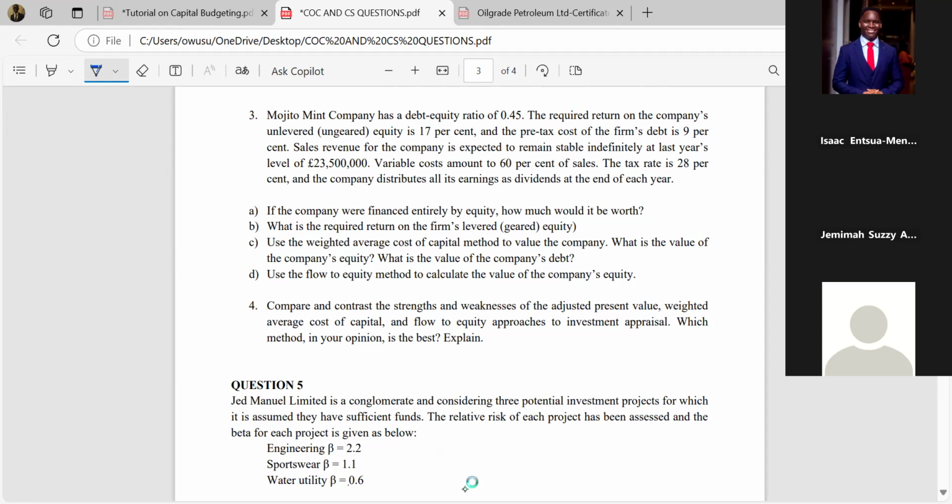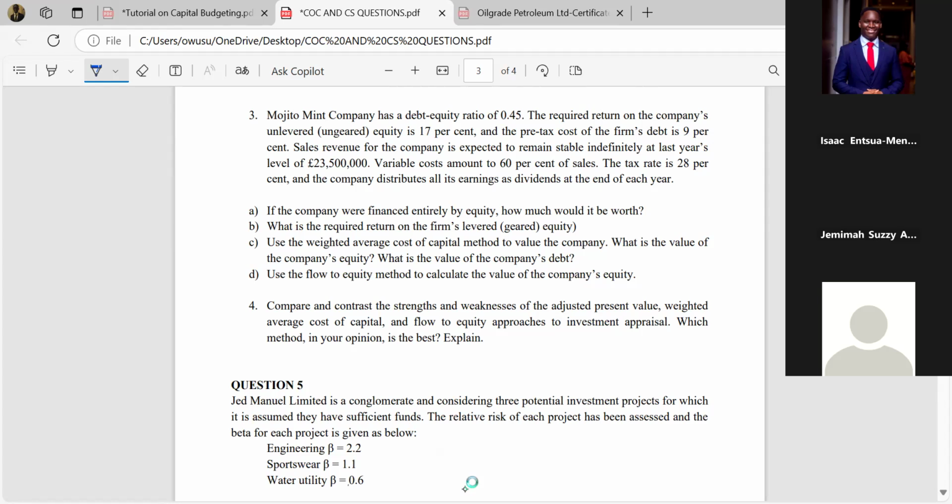So it means to calculate that expected required return on the firm's geared equity, you have to use Modigliani and Miller's cost of geared equity capital. So that's how you look at the information in the question, and that should help you determine what to do. Any question?